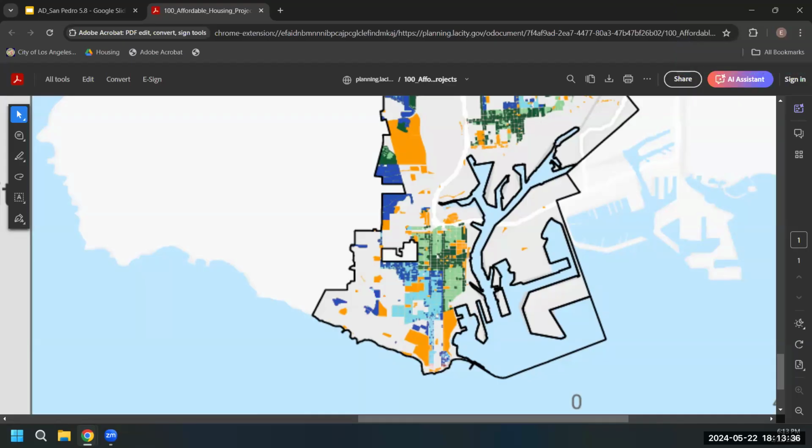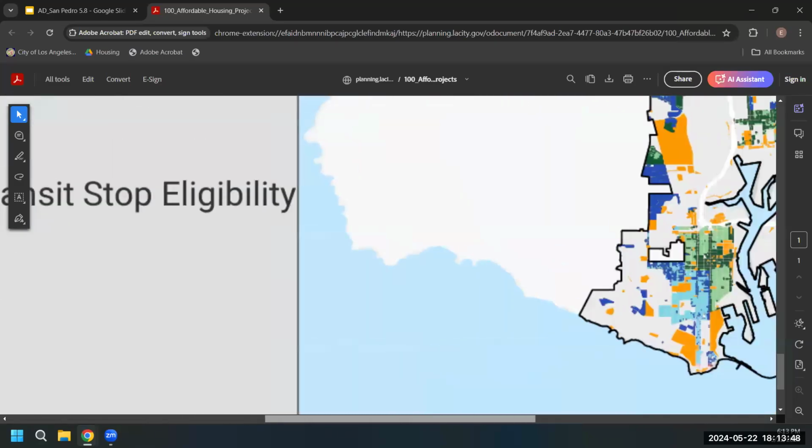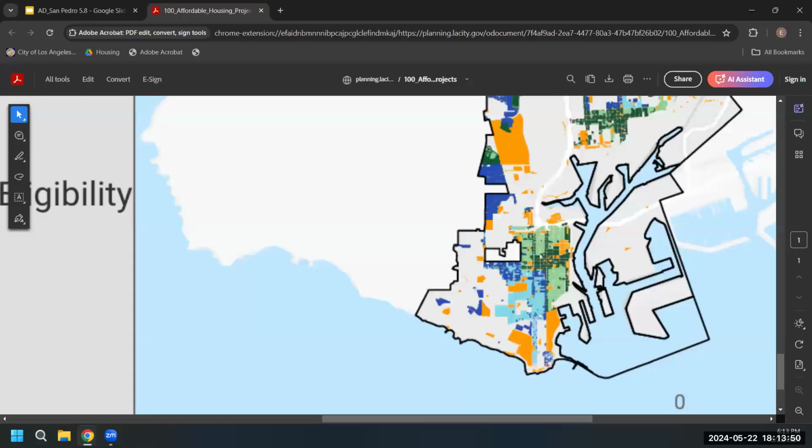It's not the only thing that the green section delineates, in the description off to the left that we can't see right now. It's vehicle miles traveled and also within a half a mile of a transit stop. We've measured these transit maps in San Pedro and we haven't found any that actually meet the requirements to qualify. So I'm assuming most of these green areas are based off of vehicle miles traveled rather than the transit stop.